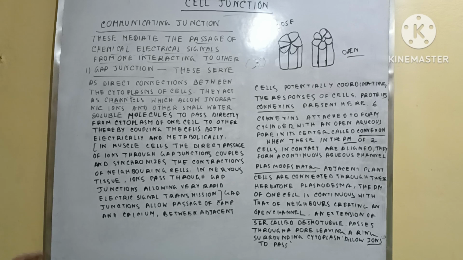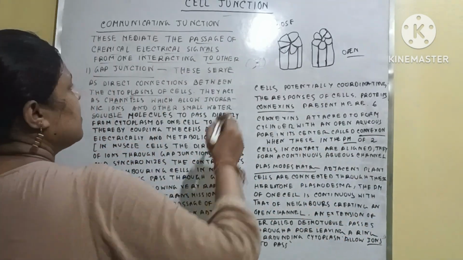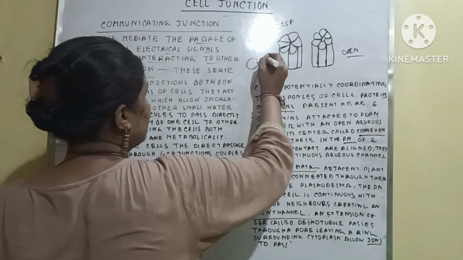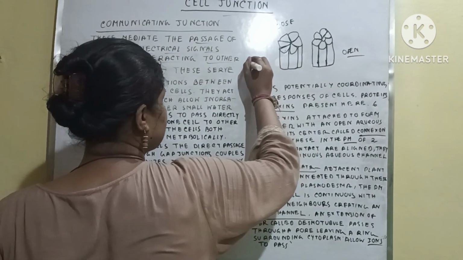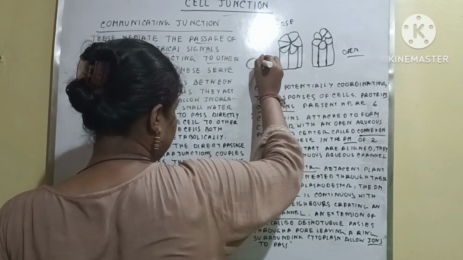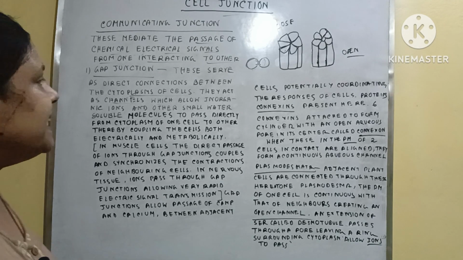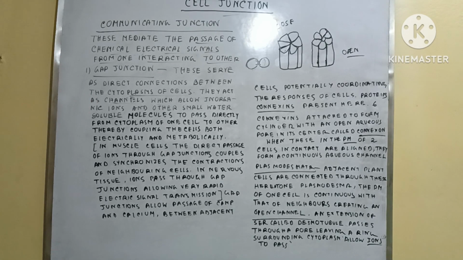Clear? So the plasma membrane of one cell forms a channel with the other cell, to let ions or water molecules pass from one cell to another.